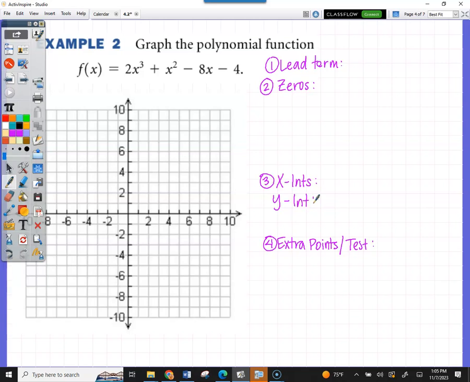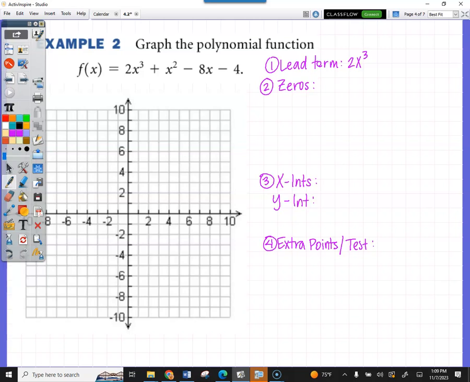Alright, thank you for working. What is the leading term here? 2x cubed. Okay. You're looking at two things with the leading term. You're looking at the degree to determine the end behavior, and then you're looking at the sign of that leading coefficient.